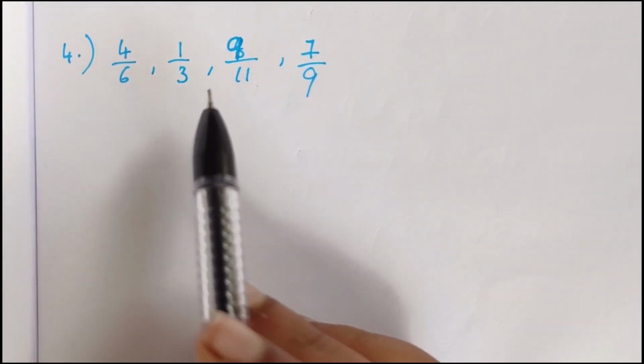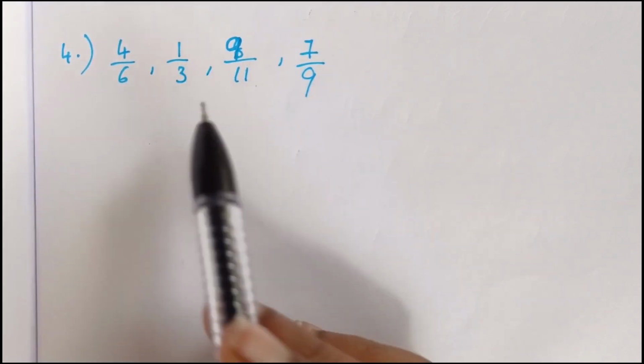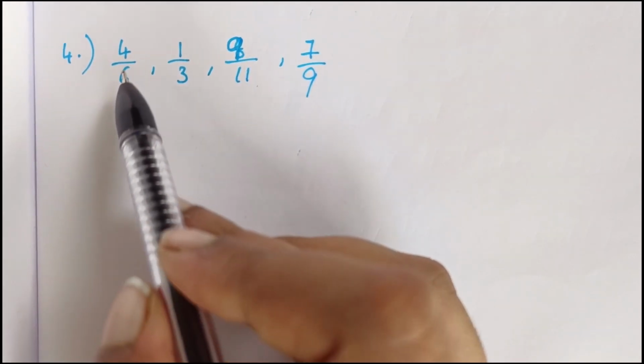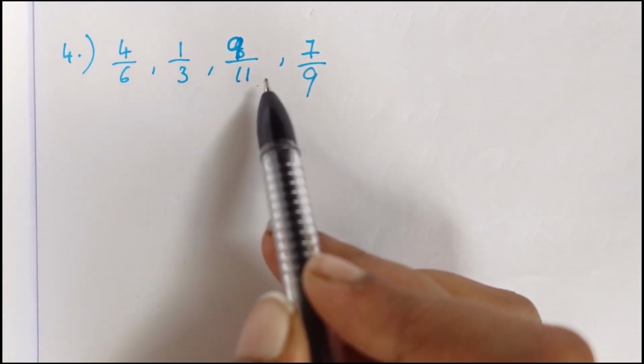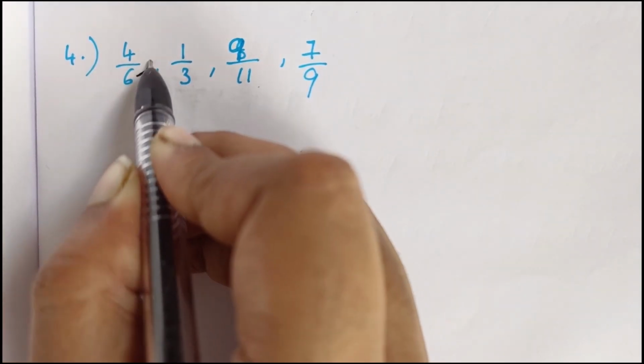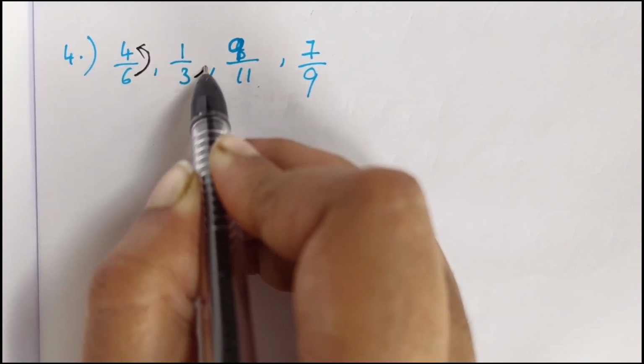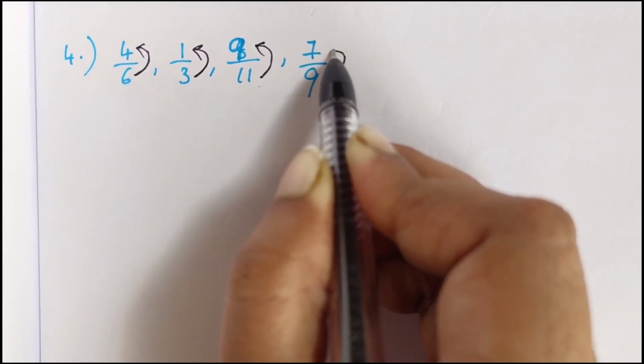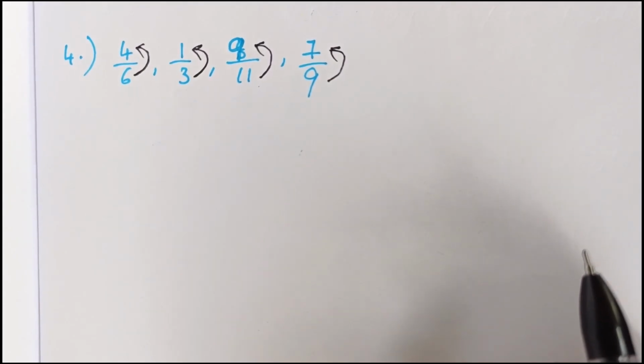So here you can see that we don't have any similar numerators or similar denominators. But here we can see that all the denominators are greater than numerators. 6 is greater than 4, 3 is greater than 1, 11 is greater than 9, and 9 is greater than 7.